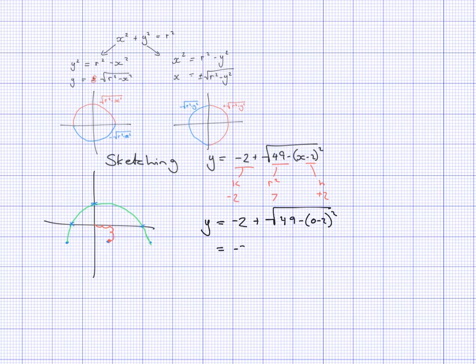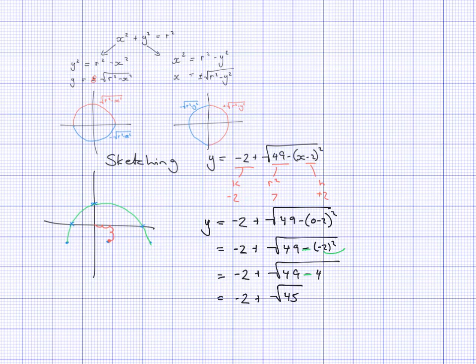You're going to get minus 2 plus root 49 minus minus 2 squared equals minus 2 plus root 49 minus 4. So if you're not quite sure there, minus 2 squared was positive 4, and then a minus stays there, so it's minus 4. So this is equal to minus 2 plus root 45.